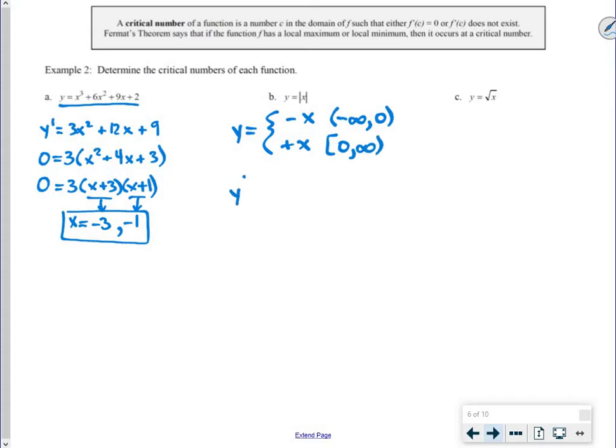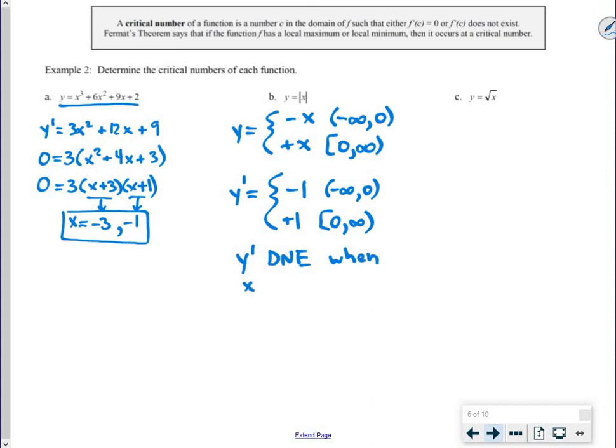If we take the derivative of each of those, it's -1 on that interval, and it's +1 on this interval. Because we have a kink, the derivative doesn't exist when x equals 0.